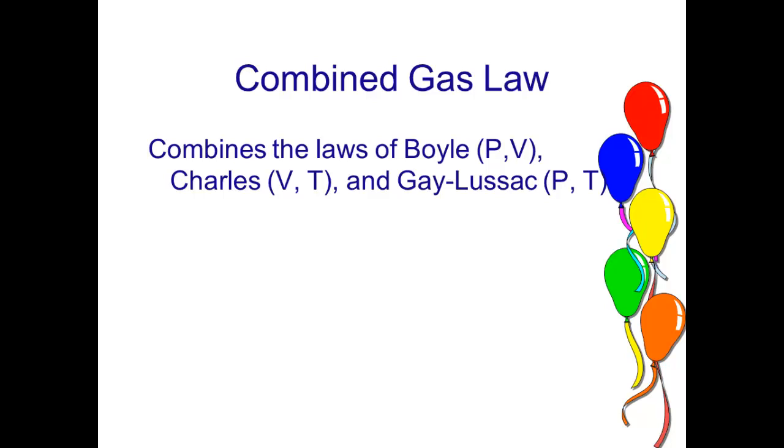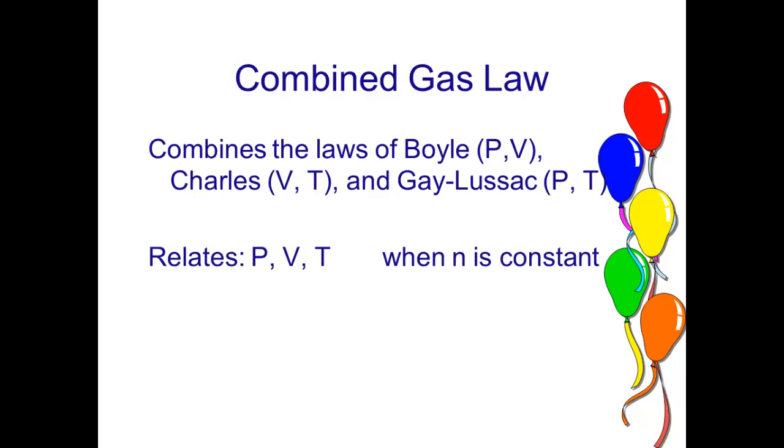So if you take those three equations, those three variables, and put them into one equation, it would make sense that the pressure and the volume are going to be on the top, and the temperature will be on the bottom. Those are the three that will be in this equation. We are still holding the amount of gas constant. We will add that one next week and do all four at the same time.